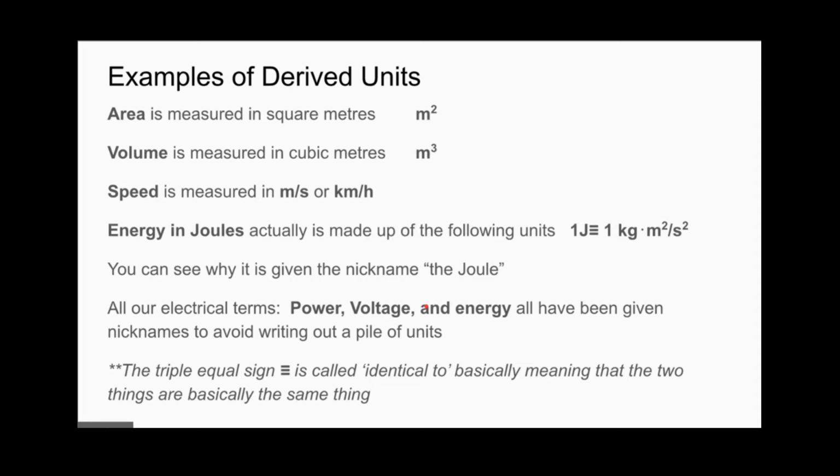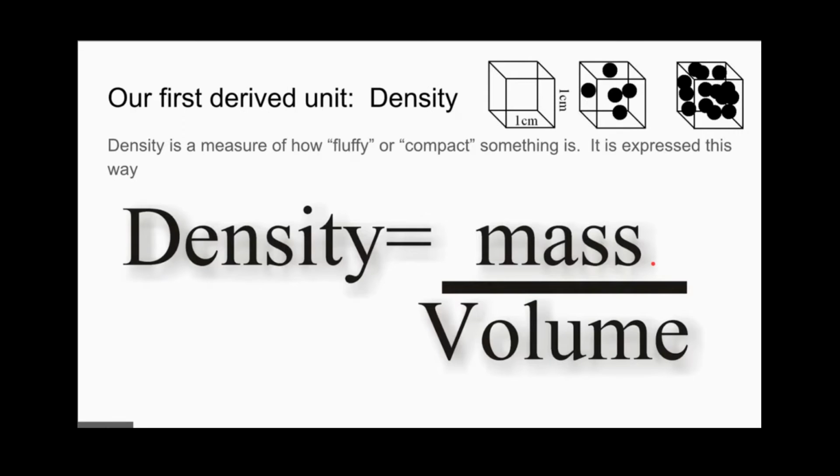And all the electrical terms we've used are actually combinations of the other ones. And so the triple equal sign is what we use to show that things are identically the same. So 1 joule is identical to a kilogram meter squared per second squared. The derived units become really important later in chemistry and physics.